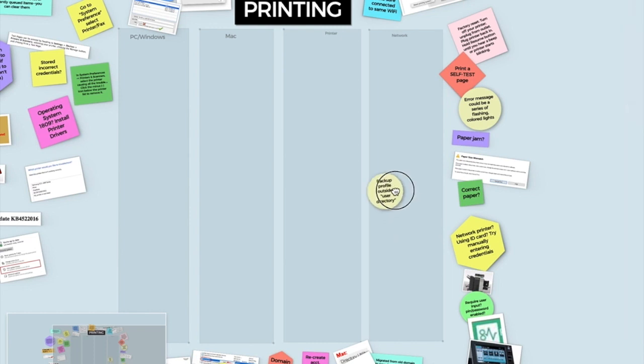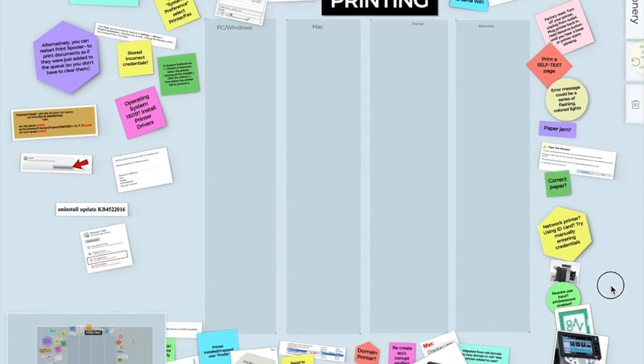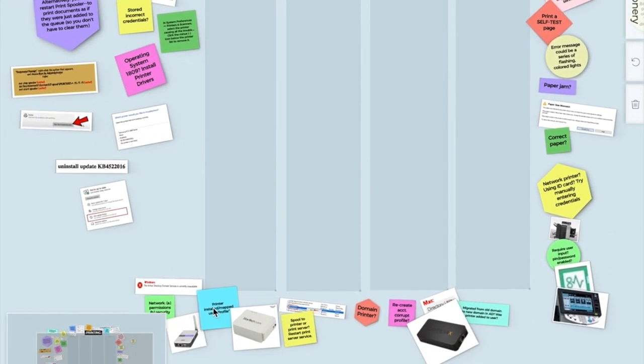Some of these items, such as backup profile outside of the user directory, you have to decide which category that goes under. And once you've decided that, you will place it in the appropriate column. And when all of these are placed in their columns, you will then submit it as a screenshot or a PDF file back to me.